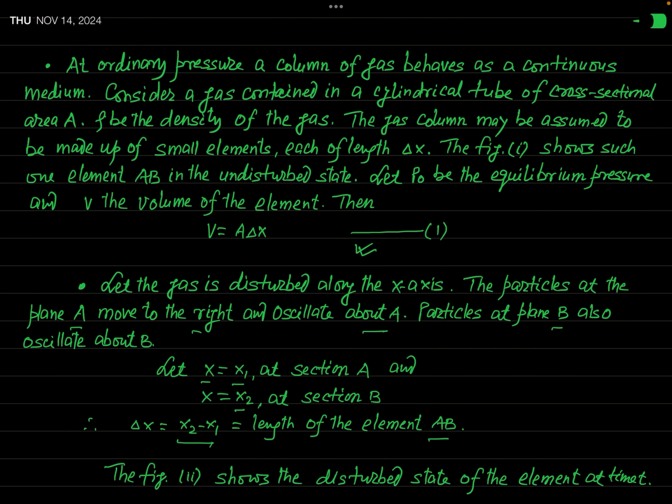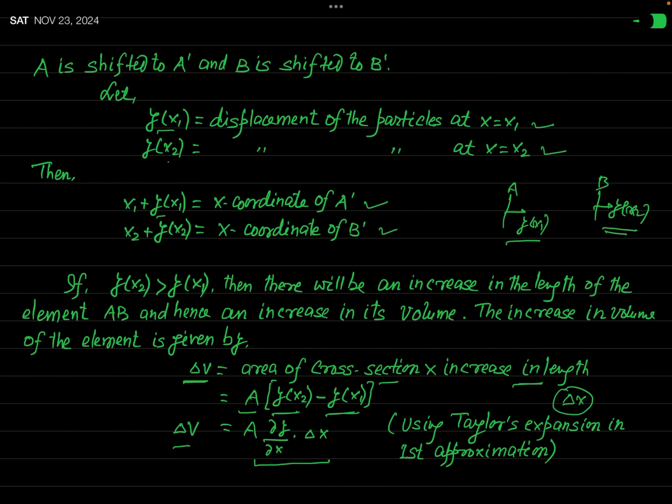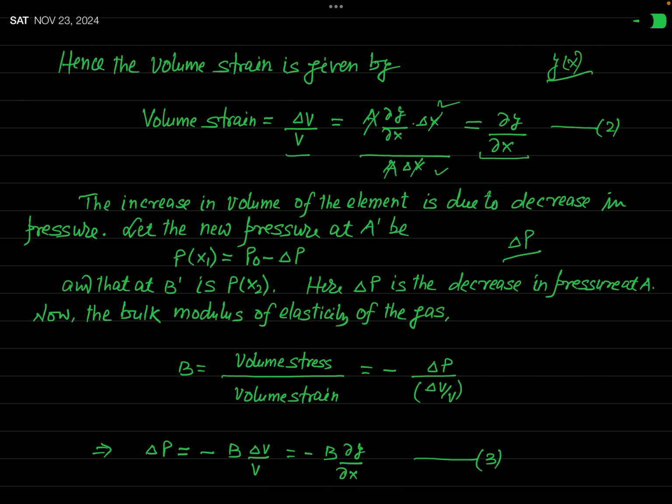So this P of x1, which is the pressure acting at A dashed, will be equal to P naught minus delta P. And similarly, you have seen in that figure that we have assumed P of x2 is the pressure acting at B dashed.